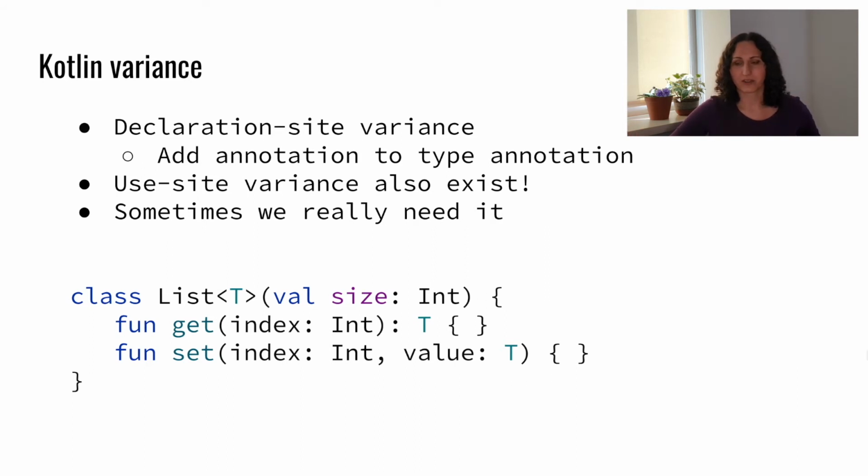We don't want to describe just a strict rule for our type. We want to make our API as wide as possible.